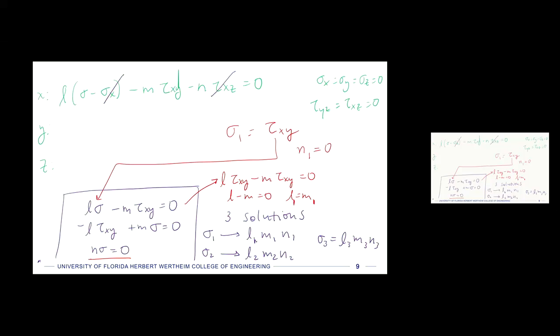We can add in one more thing that we know from the unit cell. This slide is getting super busy, so I'm going to go to the next one. So from a unit cell perspective, L squared plus m squared plus n squared has to equal 1.